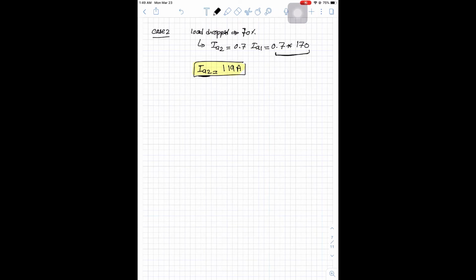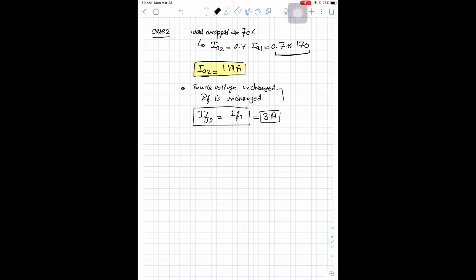Now in case 2, we have I armature 2 equal to 119 ampere, but it is stated in the question that the source voltage was unchanged, and also RF is unchanged. Nothing is stated in the problem about changing RF. So given this, we can write that I field 2 equals I field 1, no change, equal to 3 ampere. So the field current will remain the same.